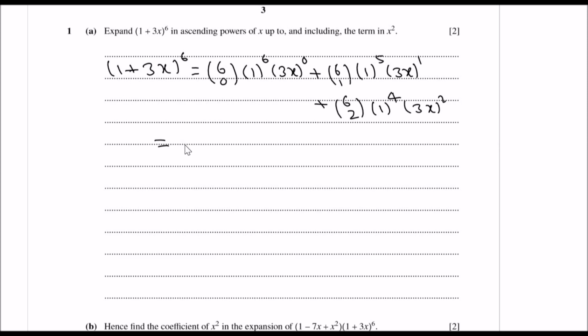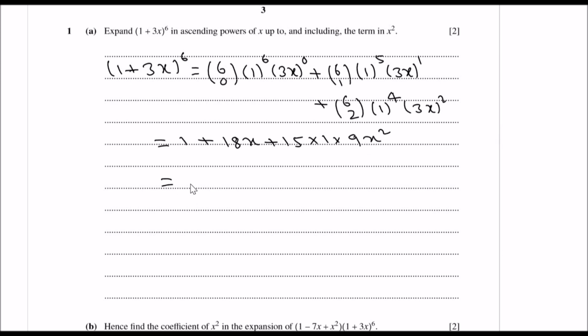So we get 1 plus 18x, because 1 first term will be 1, next terms come here 6 times 3, that is 18x, plus 6c2 is 15 times 1, and that times 9x square.